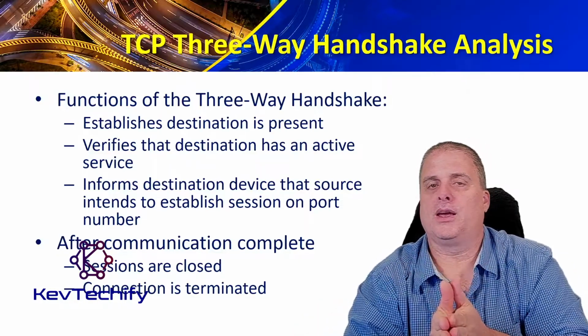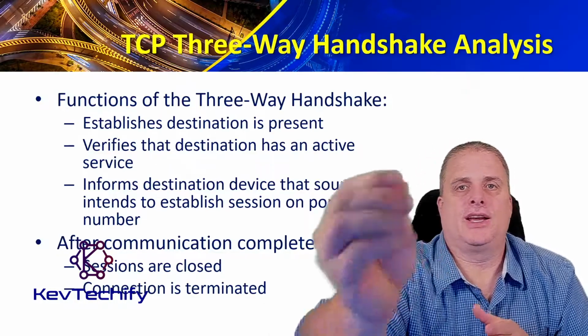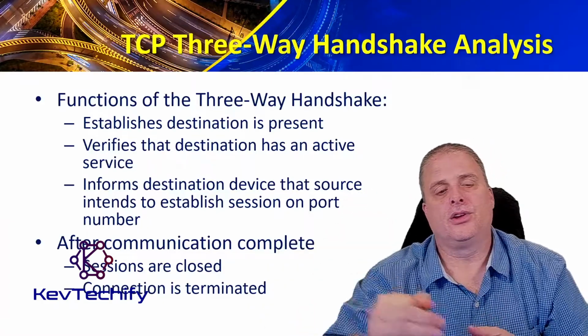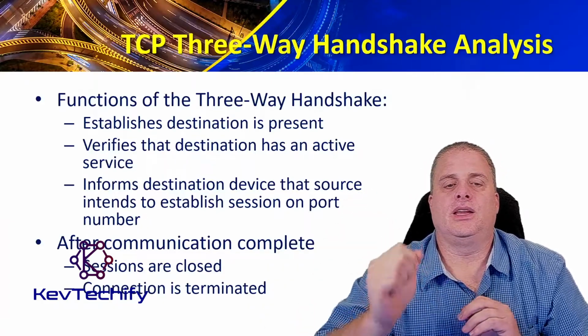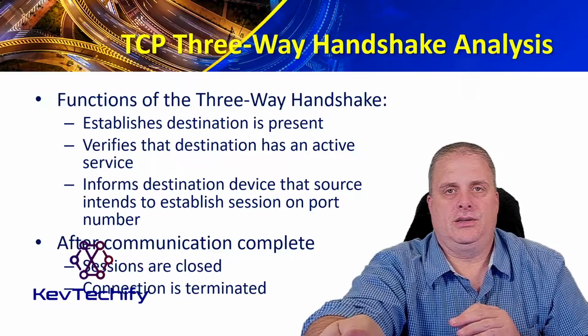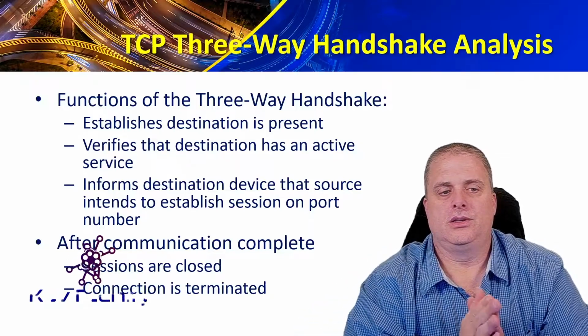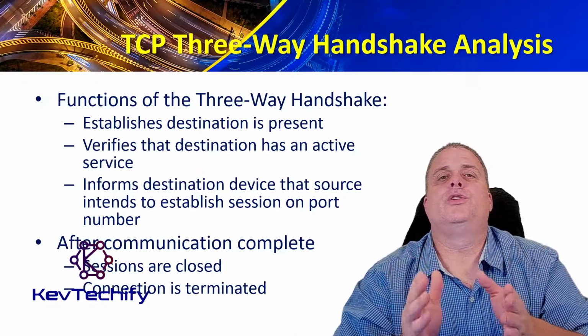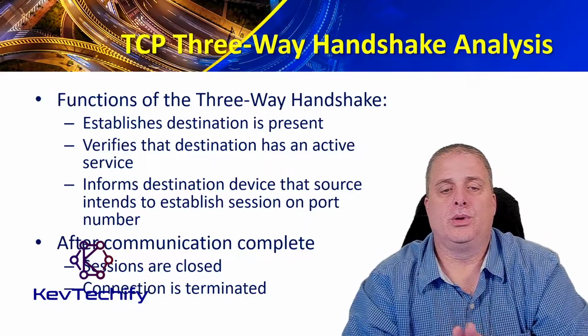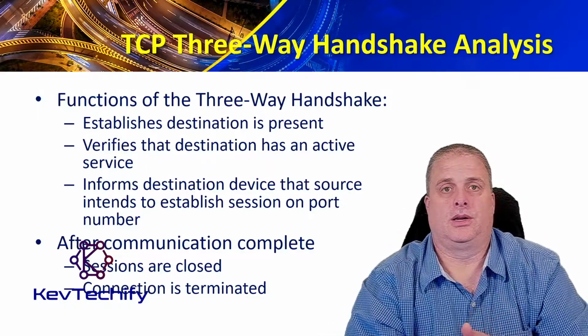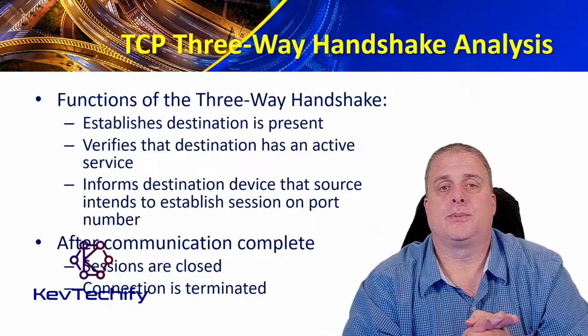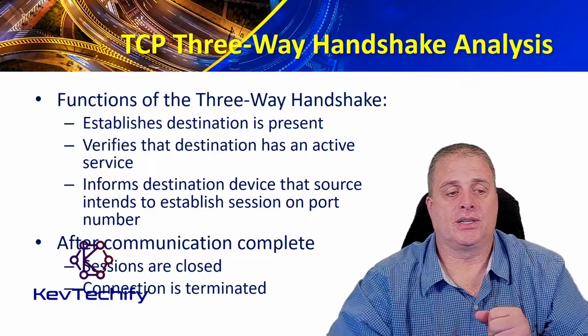If we're making a web request, let's make sure it has a web server. And then the third thing it does is it lets the destination service know that, hey, we're going to make a connection with you on a port. And those are the 3 steps here, the 3-way handshake that happens.